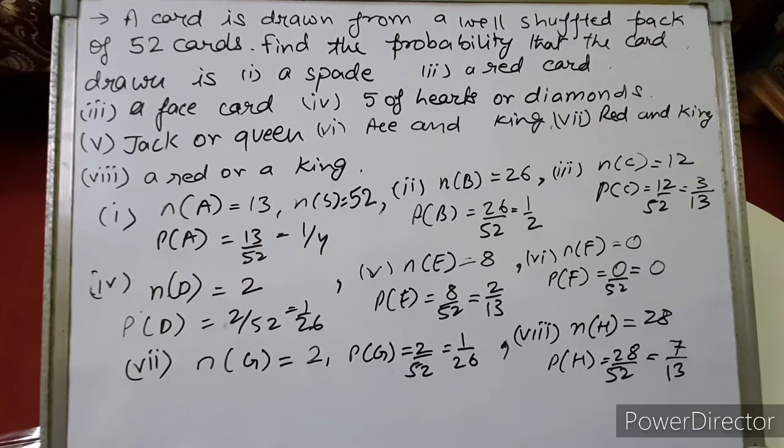That means how many kings are remaining now? 2 black kings. So for the 8th point, the favorable outcomes are 26 plus 2, which is 28. Number of favorable outcomes of H will be 28. Probability of getting H is 28 upon 52. That will be 7 by 13 when you cancel. Alright children, please note down the solution.